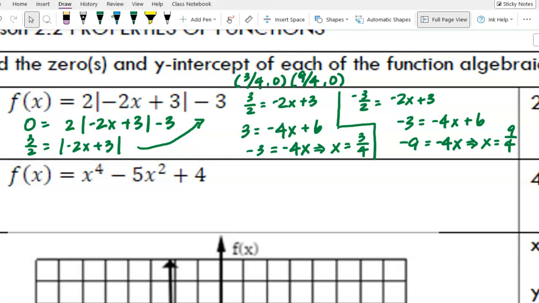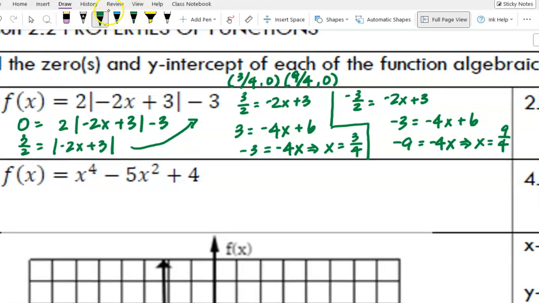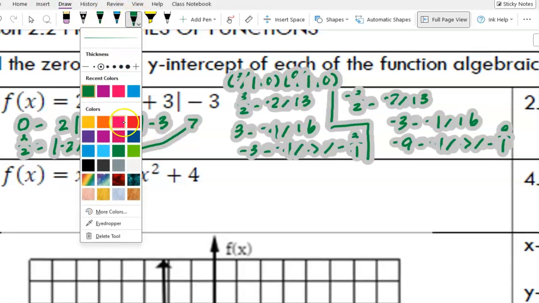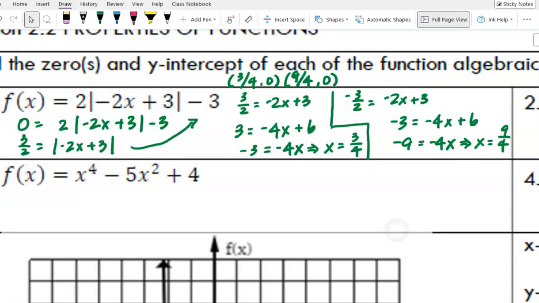Okay, and then when I find, let's go ahead and pick a different color. When I find the y-intercept, I have to set x equal to 0. So I get y equals 3 times 2, that entire thing becomes 0 plus 3 minus 3, so y is going to be 3 times 2, 6, 3.